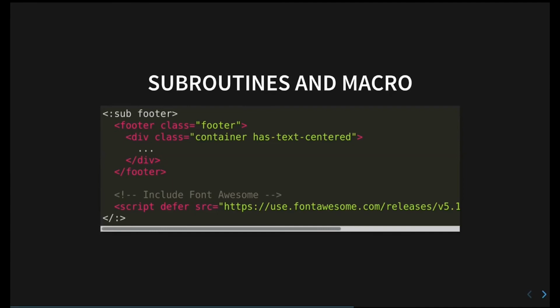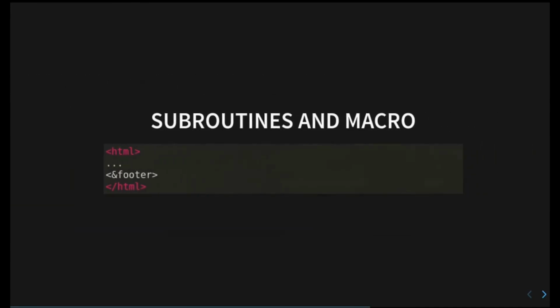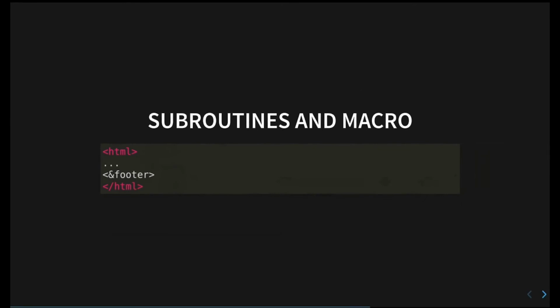To call it, we use the ampersand and the subroutine name in angle brackets, which should be hopefully kind of familiar after the Raku syntax. We might note that using certain subroutines can be fancy not just in a single template, but across a number of templates in different files.